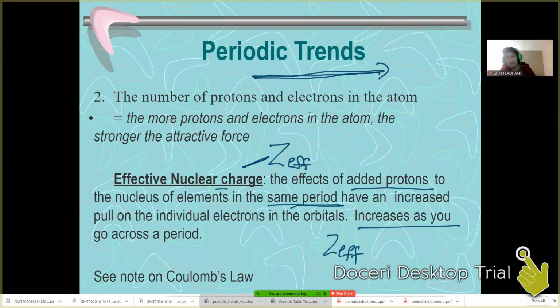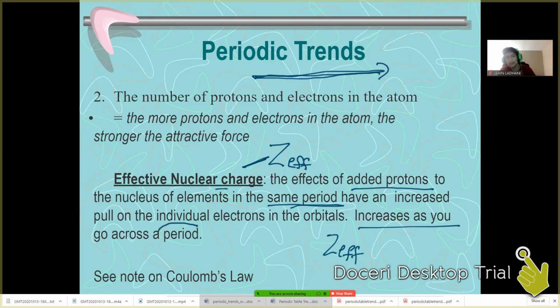Because as I go across the period, I'm adding more protons in the same energy level. So that's allowing more attraction between the protons and electrons. The atom hasn't got any larger. There's not any more shielding. And once again, that's going to affect the size of the atom, and it's also going to affect whether an electron can be gained or lost.